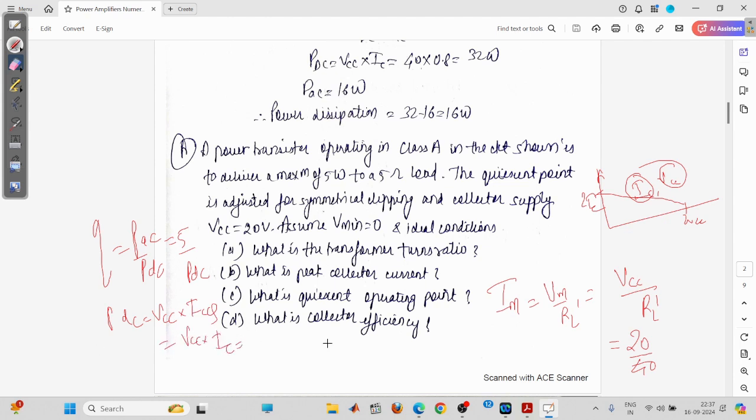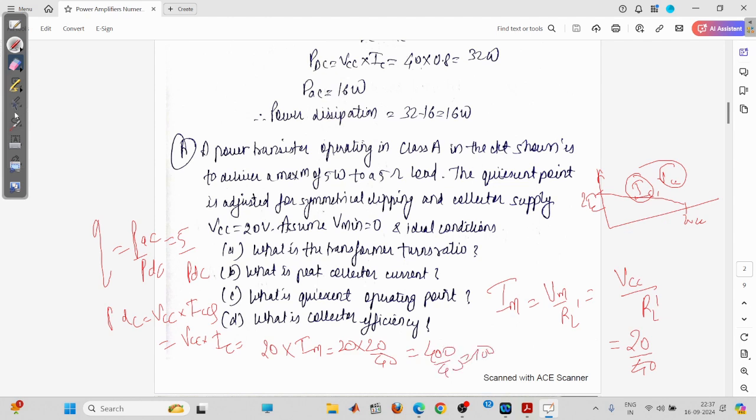Now VCC will be equal to 20 and IC will be equal to IM. Then IM will be equal to 20 upon 40. You can see IM will be equal to VCC upon RL dash. So this one will be 400 upon 40. That will be 10 watt.